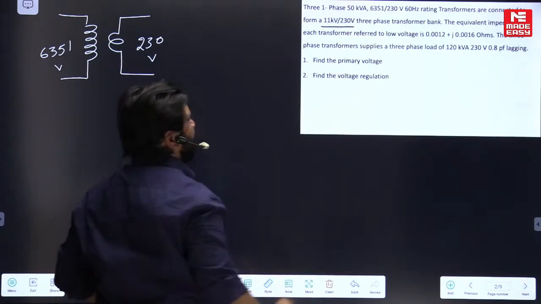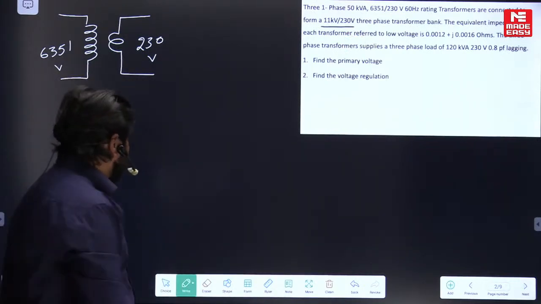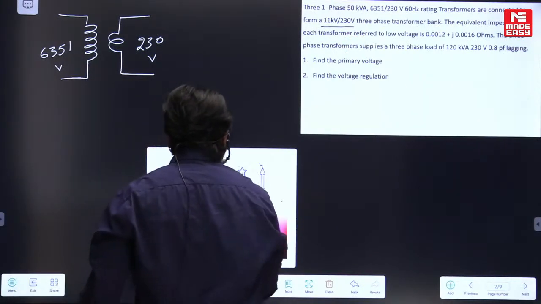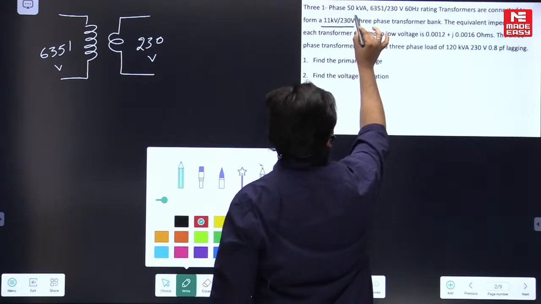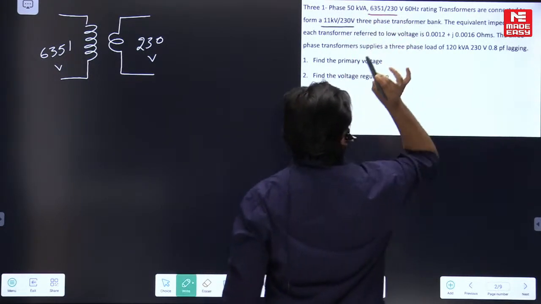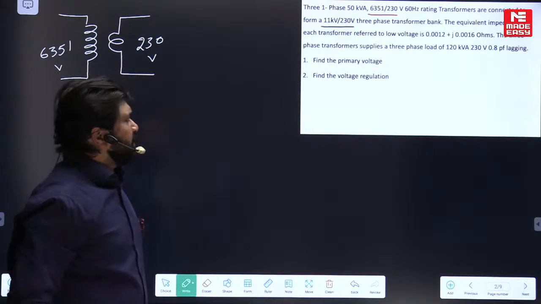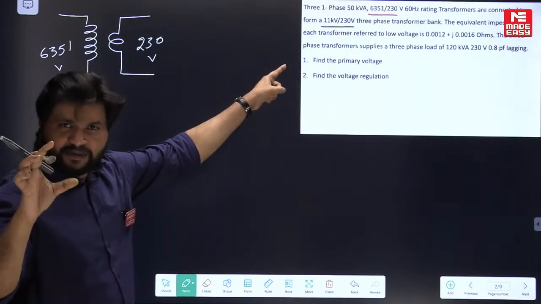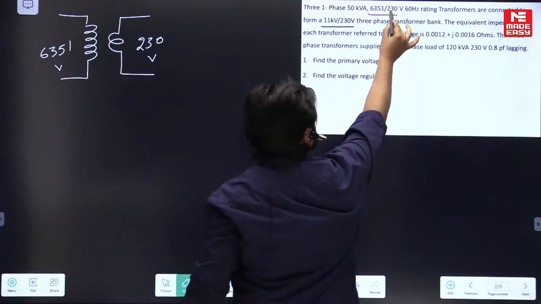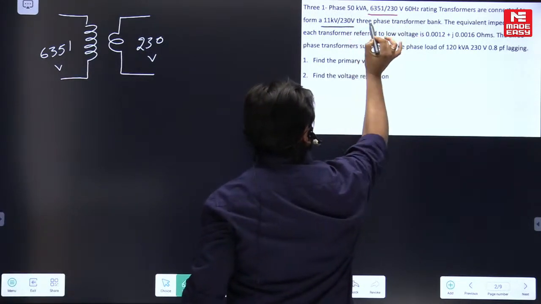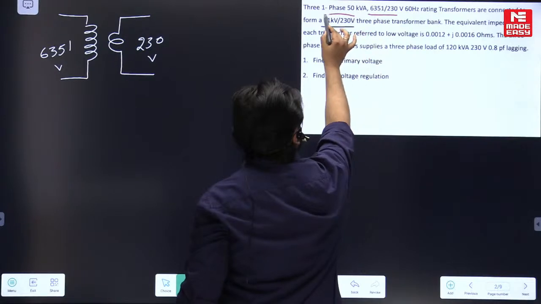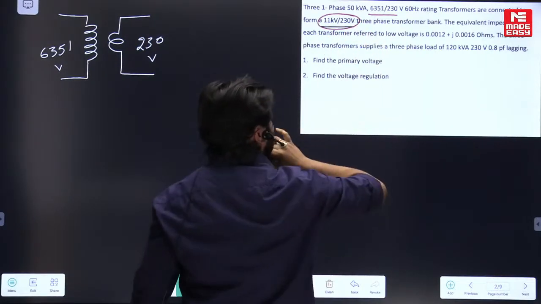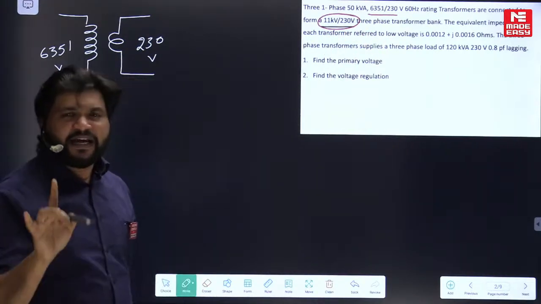11 kV by 230 volts. The single phase transformer is 6351 by 230. Observe the secondary: single phase means per phase, obviously 230 volt. Generally, whenever you say 11 kV by 230 volt 3-phase transformer, by default these are line voltages.